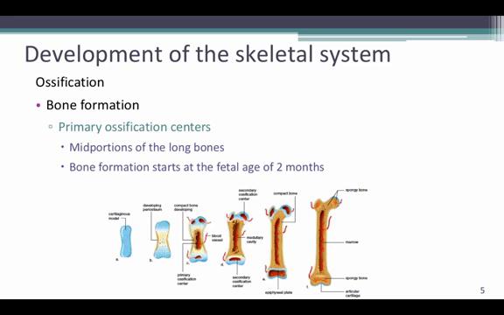Bone formation starts at the fetal age of 2 months, or 2 months after conception. That's what fetal age means. So we can see here that the primary ossification centers are located in the long bones.